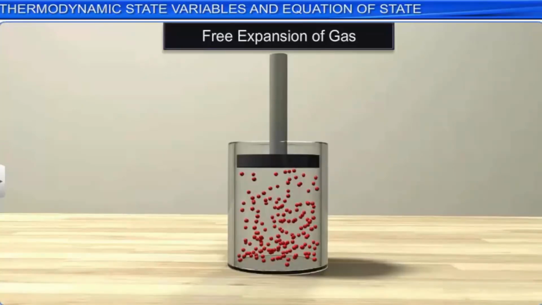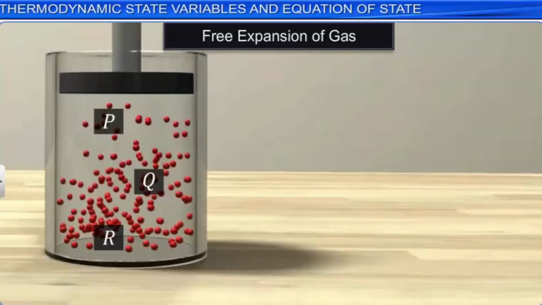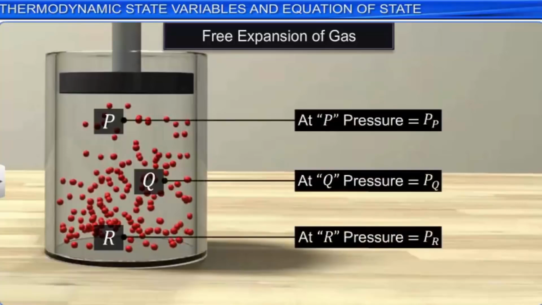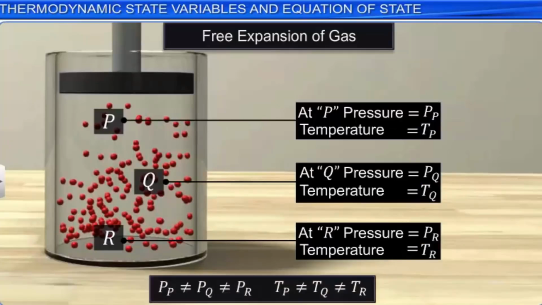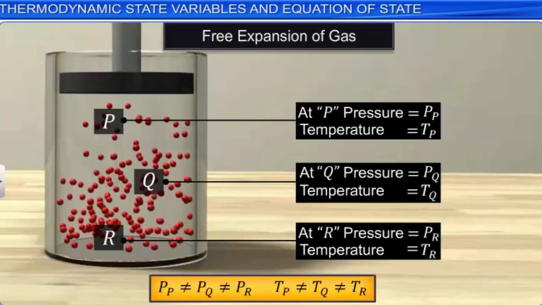If P, Q and R are 3 points in the system, and at these points the pressures are Pp, Pq and Pr, and the temperatures are Tp, Tq and Tr, then Pp is not equal to Pq, not equal to Pr, and Tp is not equal to Tq, not equal to Tr.